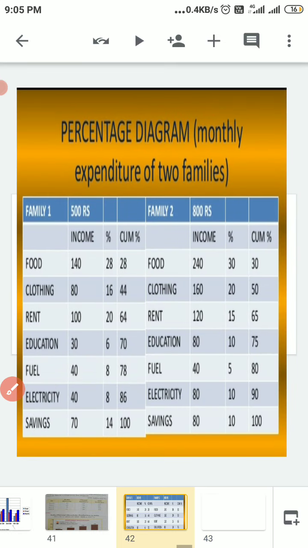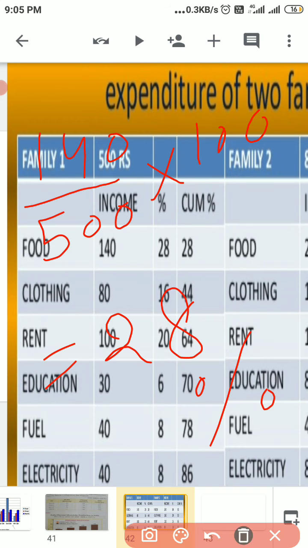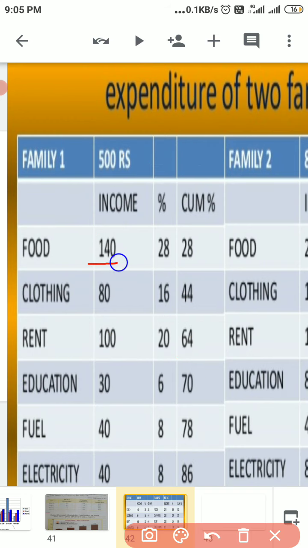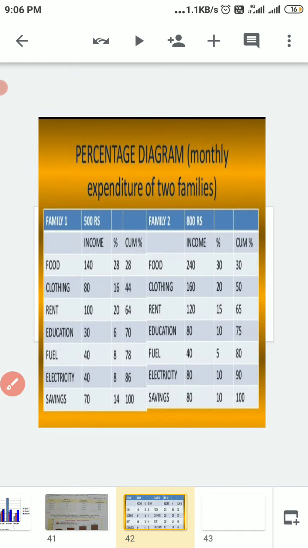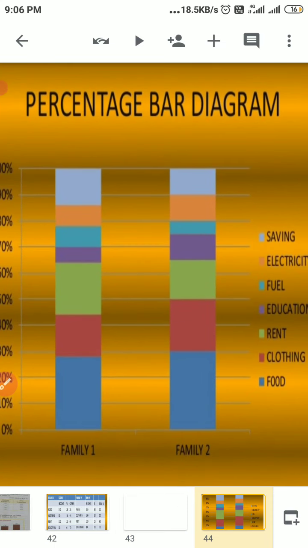You can see here percentage has been calculated for each value. For 140 it is 28%, for 80 it is 16%. So you have to calculate it one by one, and then you have to make a percentage bar. You can see the percentage bar.